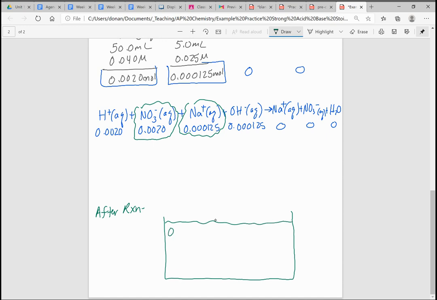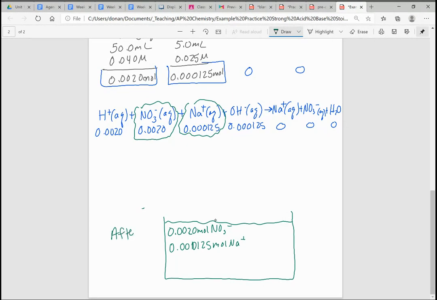We're going to have 0.0020 moles of nitrate, and we're going to have 0.000125 moles of sodium. And we're also going to have something left from the excess reactant.